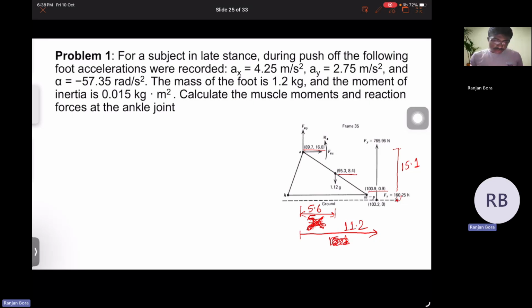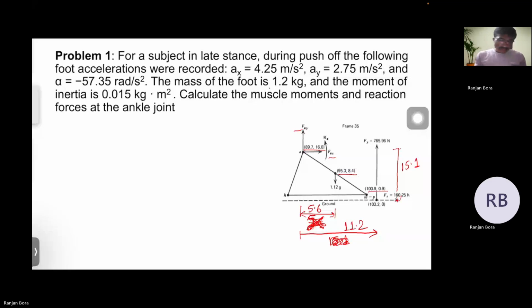So first we'll find the reaction forces FAX and FAY. The mass of the foot is 1.2 kg and the moment of inertia is 0.015 kg meter squared. First we'll use the equation summation Fx equal to m ax.